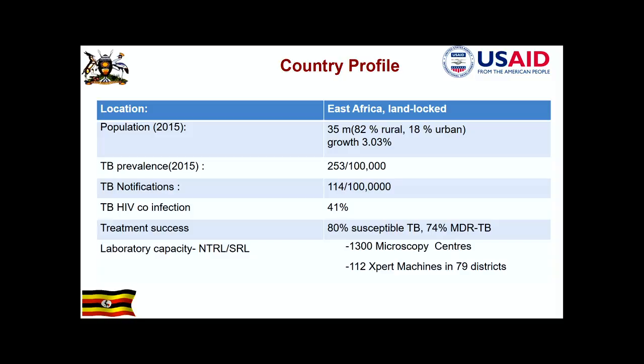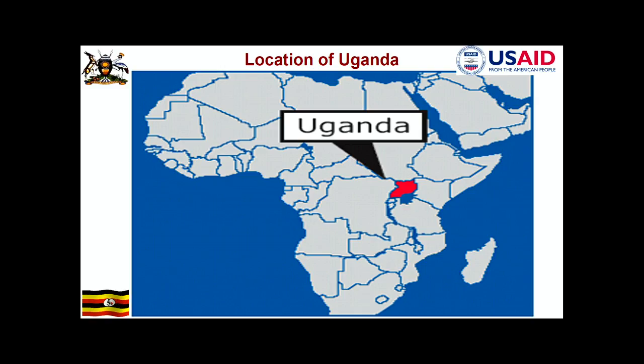We have one national TB reference lab, which is also a supranational reference lab for the region. We have 1,300 microscope centers and 112 gene expert machines in 79 districts. So that's where Uganda is found in Africa.